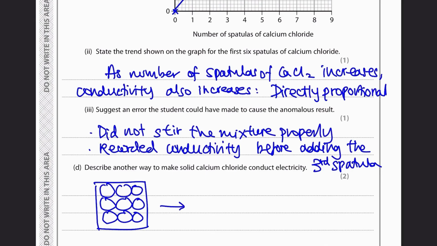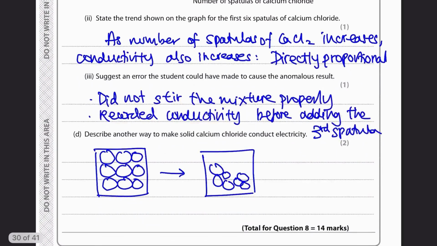So how can you turn that into something that is now liquid or able to move? One way is to dissolve in water. But that's what he did already, isn't it? So what's the other way they could make them move? How can you make it into a liquid?